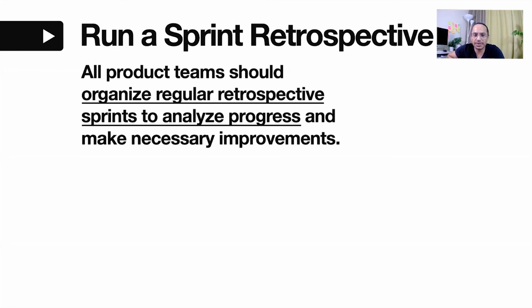All product teams should organize regular retrospective sprints to analyze progress and make necessary improvements. If many teams are working and creating this design system together, they should meet very often and present what they have done, explain the progress, and analyze whether they are doing it right or wrong, and if some improvement is required, they should improve.